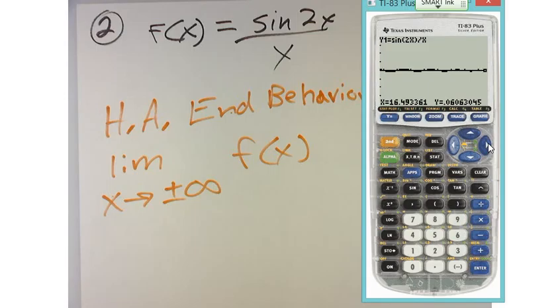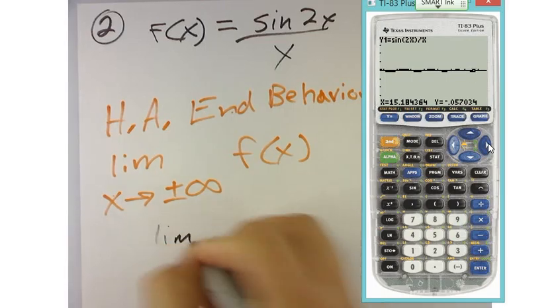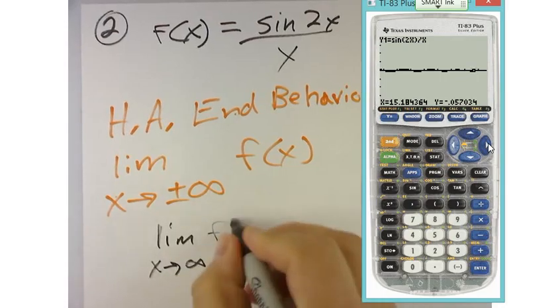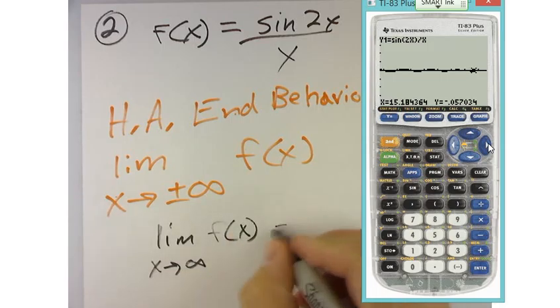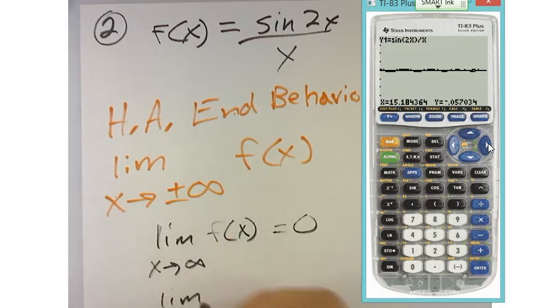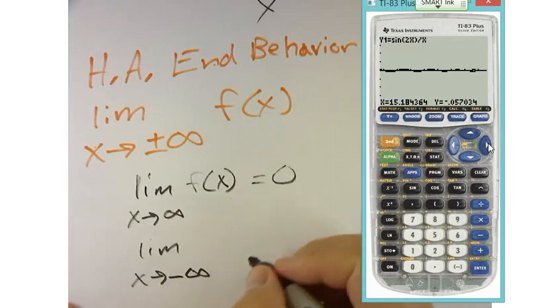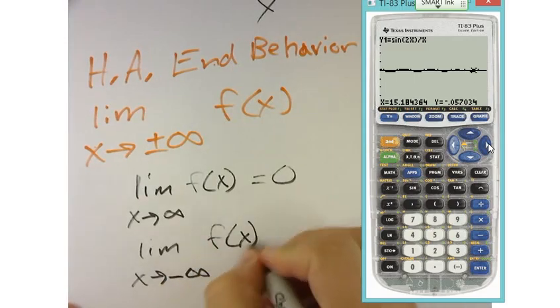here's what the answer in the back of the book says. It says that the limit as x approaches infinity of f of x is 0, and the limit as x approaches negative infinity of f of x is equal to 0. Now that's what we just showed.